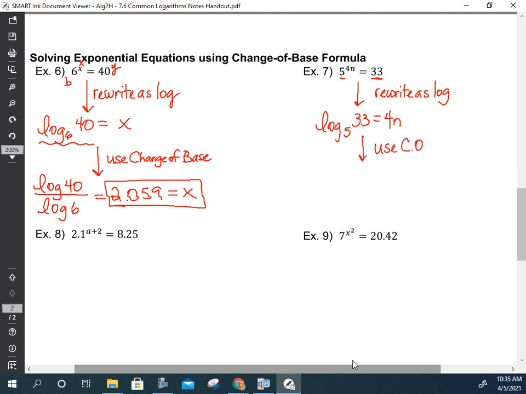Use change of base, because I know someone is going to ask what it's called, Mr. Lowe. Change of base. Log of 33 over log of 5.